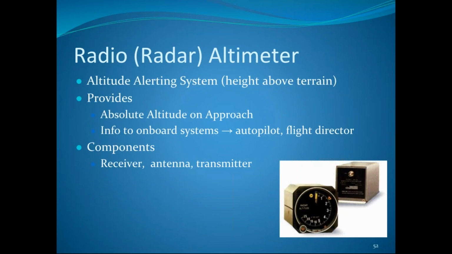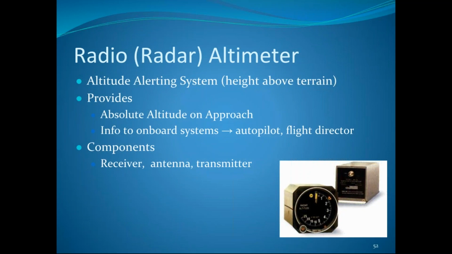So, safety systems: radar, radio altimeter. It gives us altitude alerting, so it alerts us when we're too close to the ground and not over a runway. I don't know if you guys have ever heard, in a flight simulator or a movie, the box.